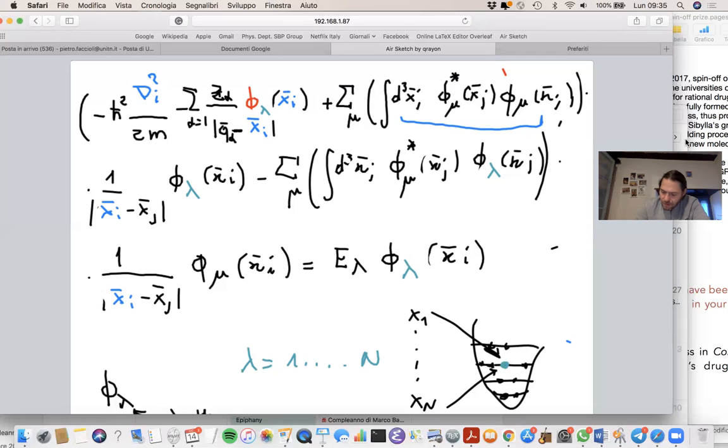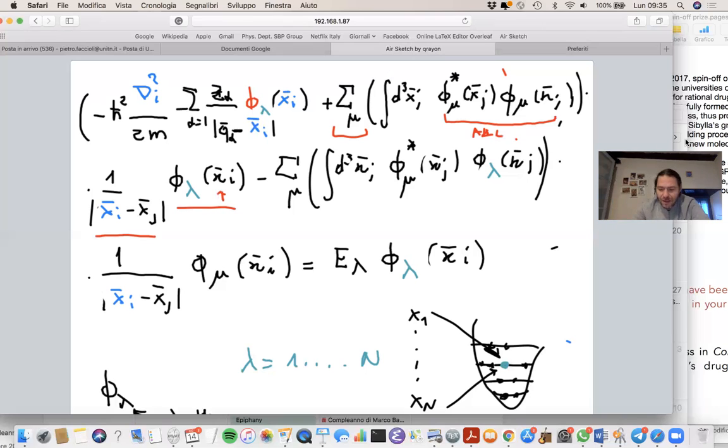So basically what this combination is telling me is the probability of all electrons in the system at point xj. And what this is doing is computing the Coulomb repulsion between the electron at xi and a charge density provided by all electrons in xj, integrating over all xj.